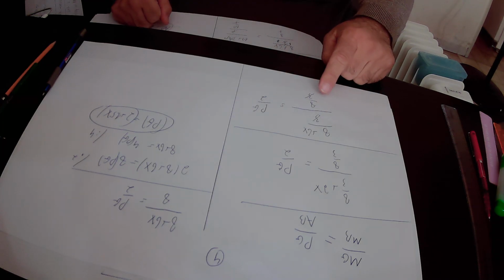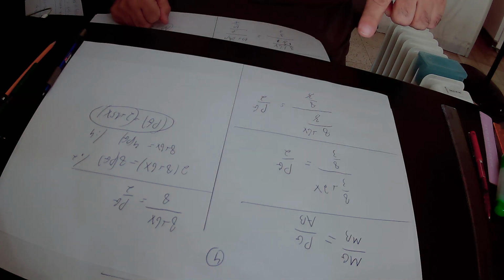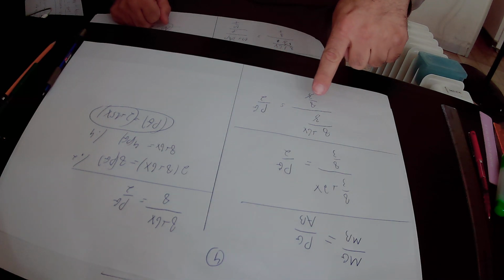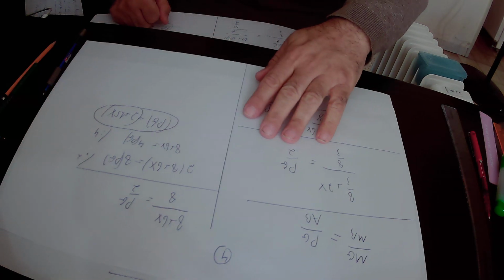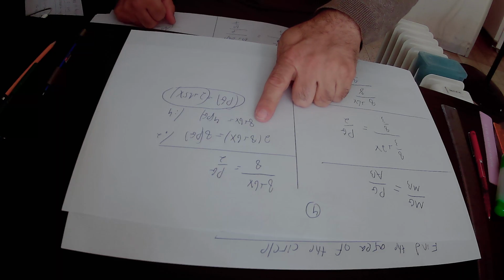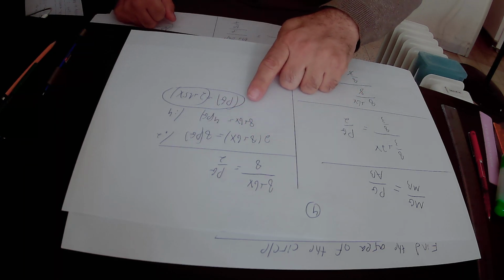We have 3 in the numerator and 3 in the denominator, therefore 3 will get cancelled. And finally we found that 8 plus 6x over 8 equals PG over 2. Cross multiplying, we find that 2 times 8 plus 6x equals 8 times PG.